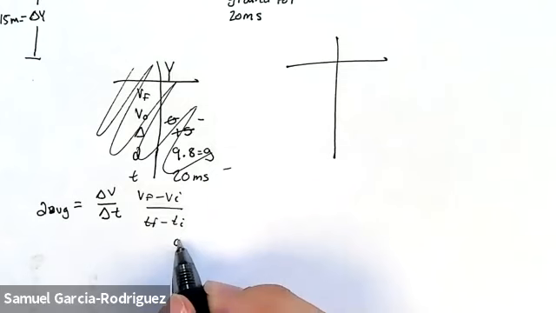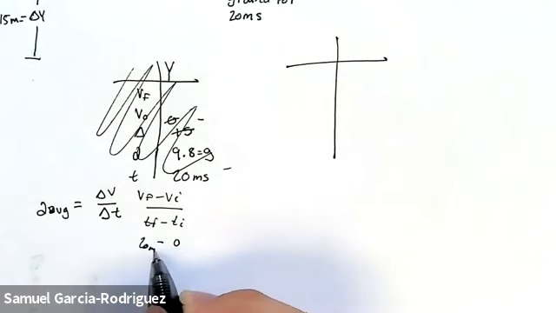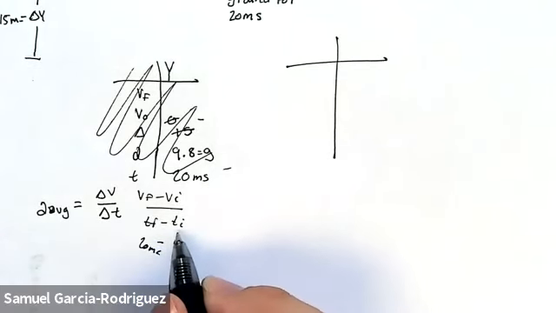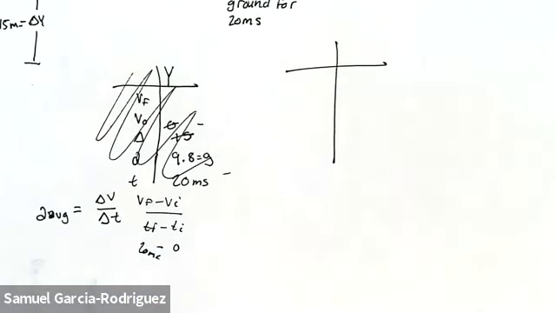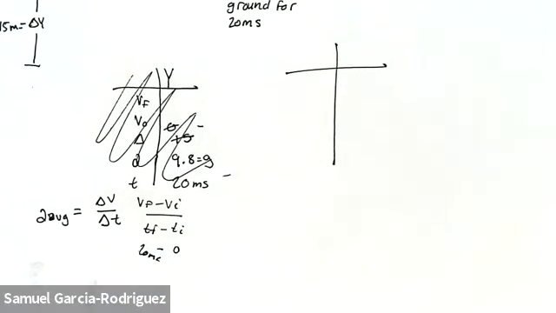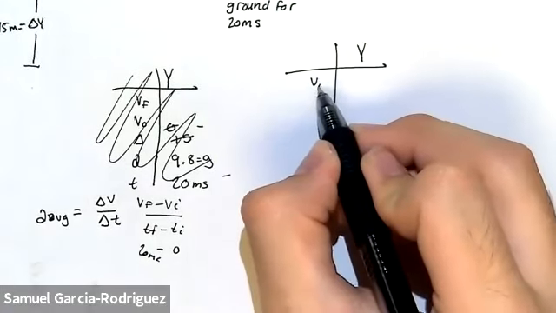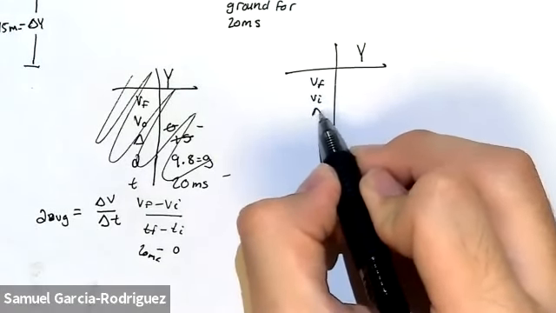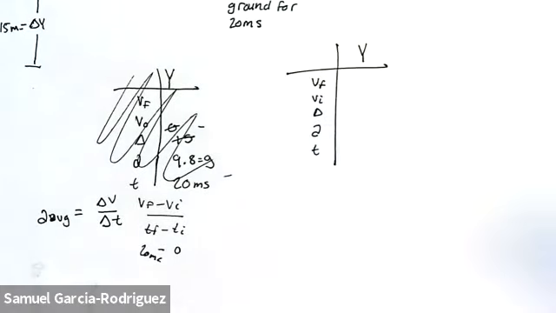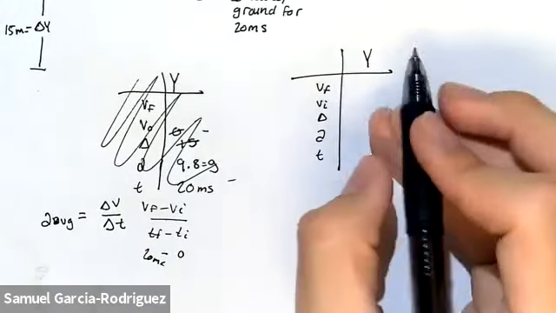This is going to be 0 minus 20 milliseconds. So we have this initial. Okay, I think I know what you got to do. a equals delta v over delta t. So I shouldn't have erased that.